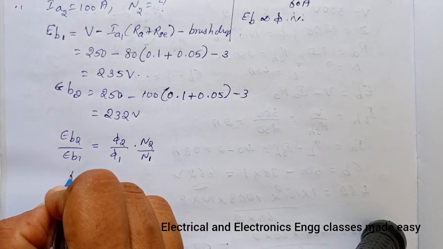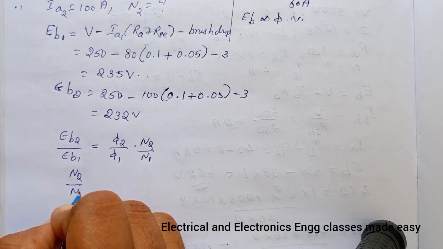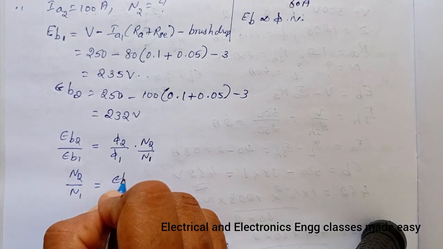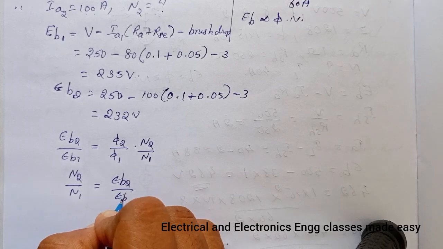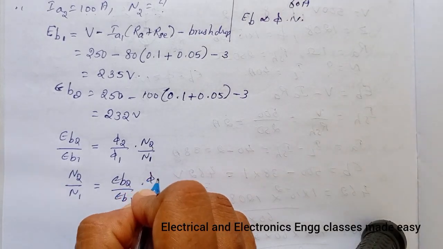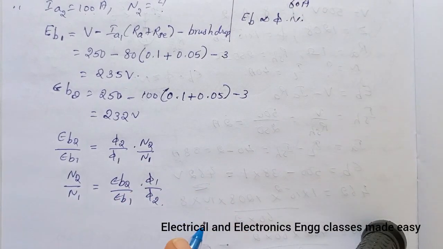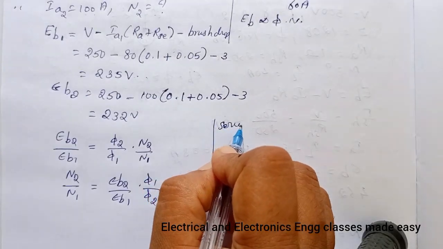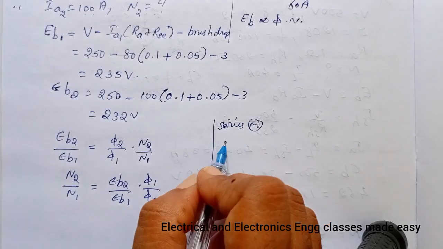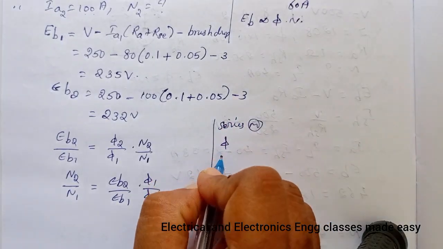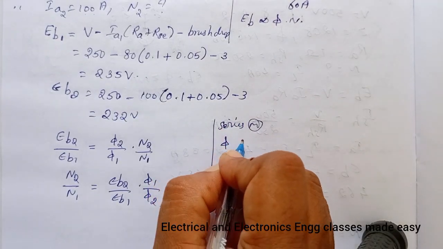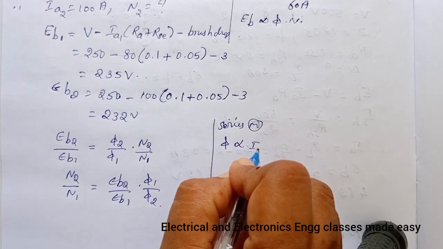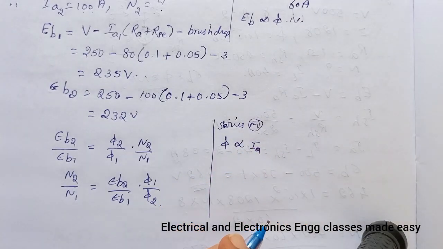So we can write N2 divided by N1 is equal to EB2 divided by EB1 into phi1 by phi2. But in the case of series motors, the flux phi is proportional to the armature current Ia.